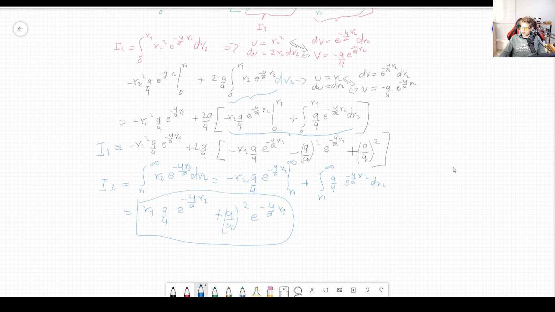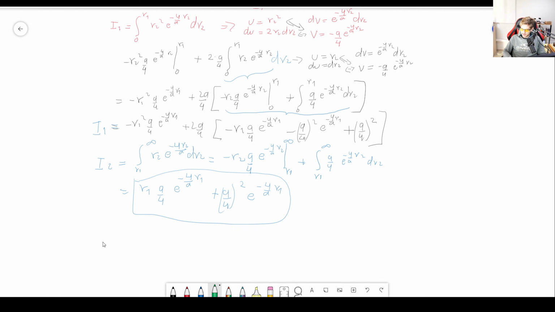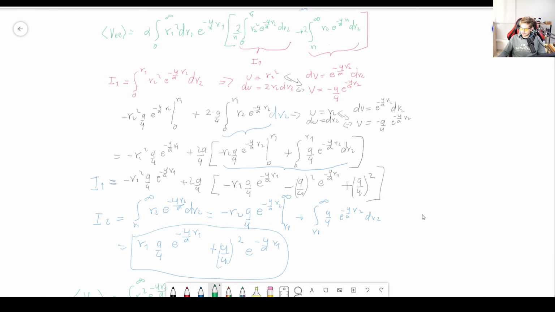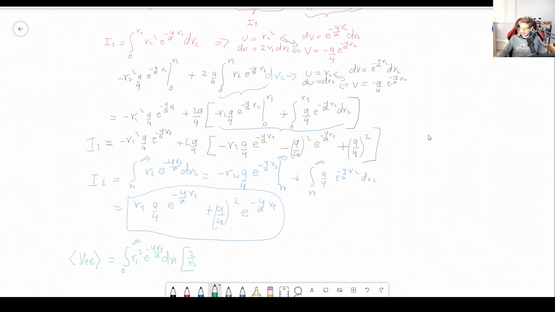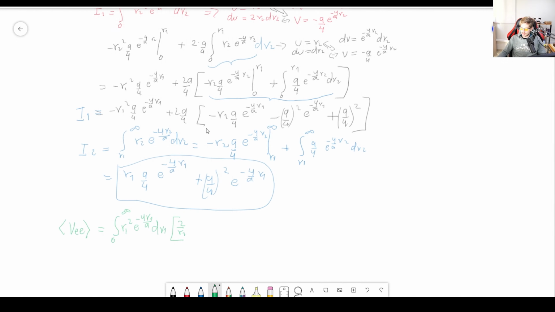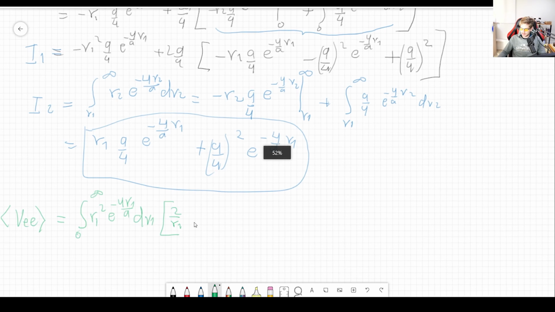Now let's copy it down here. Our potential, VEE, was the integral from 0 to infinity of r1 squared e to the minus 4 r1 over a dr1. And then came everything that we have, beginning with 2 over r1. Now comes integral number 1, which is this part right here.